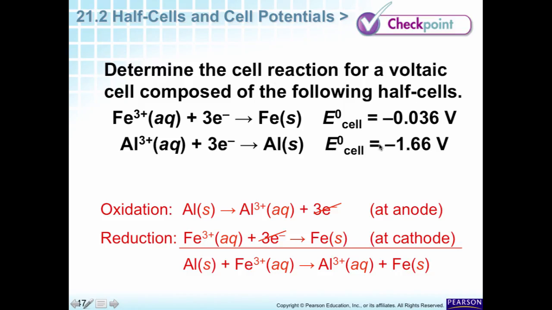In this case, this is closer to 0, so it's more positive, so the iron is reduced and the aluminum is oxidized. Aluminum will produce 3 electrons and iron will want 3 electrons, so we don't have to multiply anything. So here's our equation. Aluminum is being oxidized, iron is being reduced.